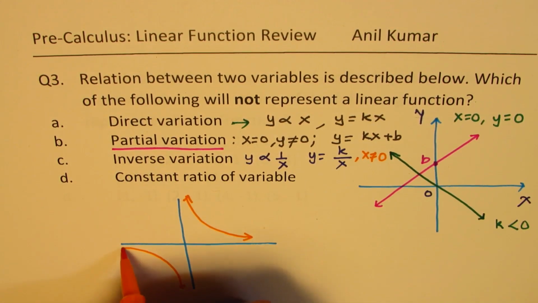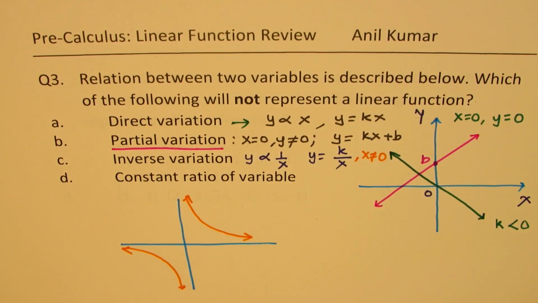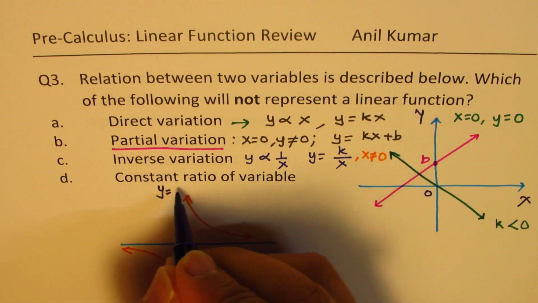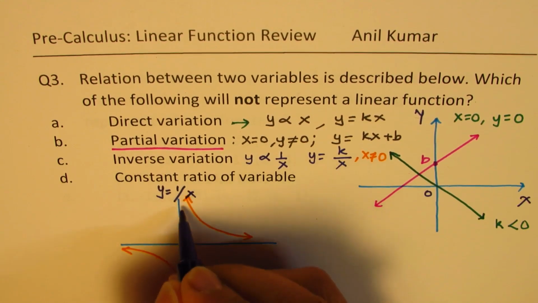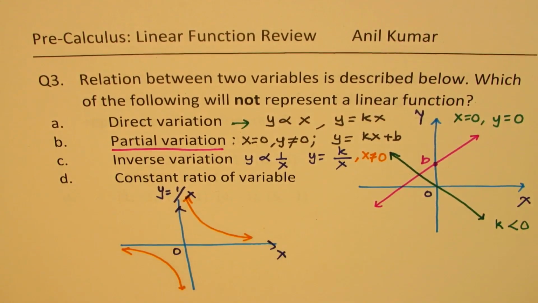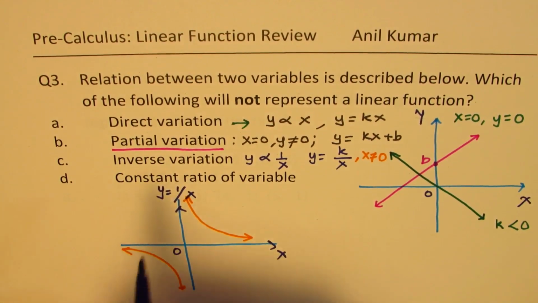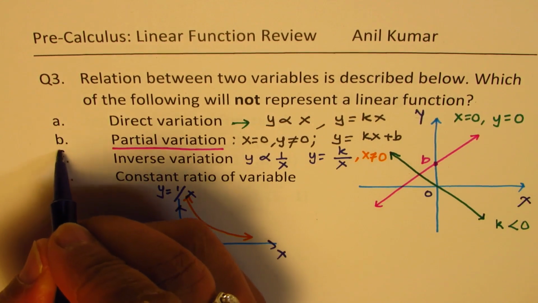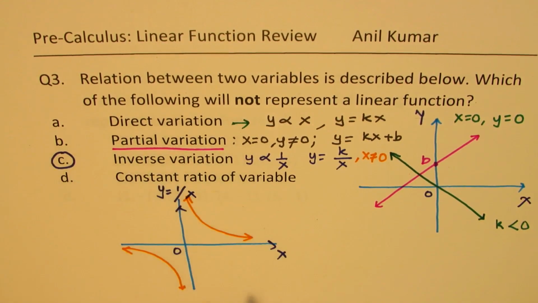When x is negative, y will be negative. So this is the graph of y equals, let us say, 1 over x, and this is x, correct? So that is the kind of graph. And clearly, this graph does not represent a linear function, so this is our answer, right?